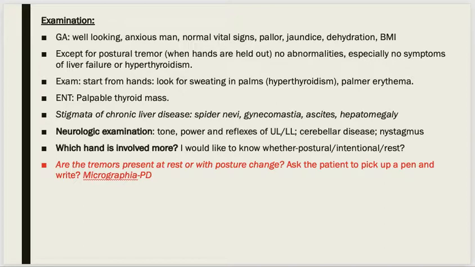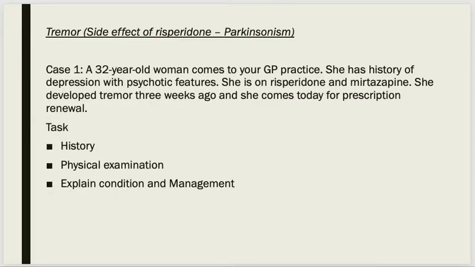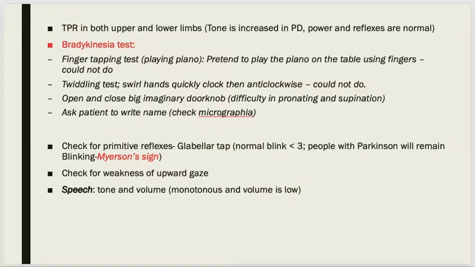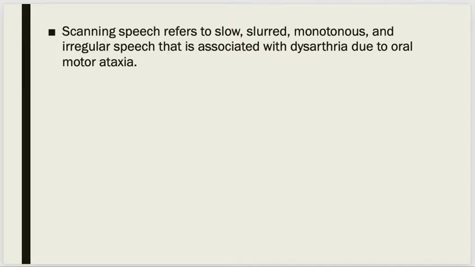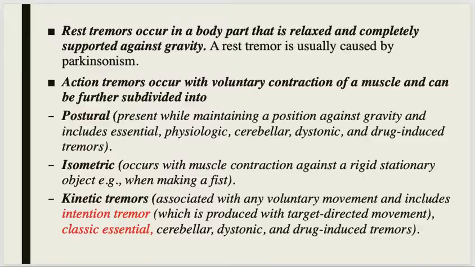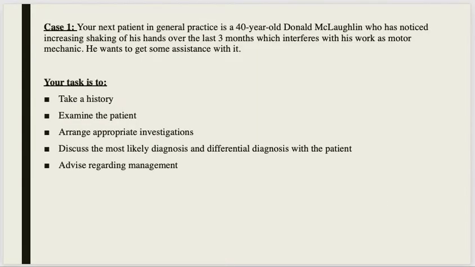So you can see, now when we take the history, okay, I will tell you what the history points are, guys. Here they are talking more about the physical examination. Okay, so when it comes to the history, remember, he has noticed shaking of hands for the last 3 years and it interferes with his work as a motor mechanic.